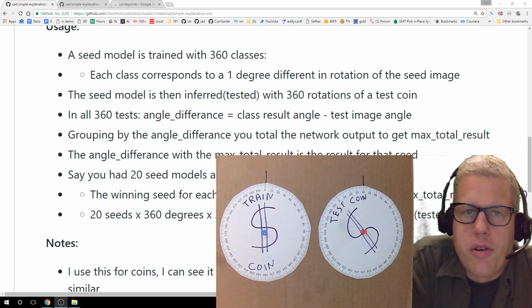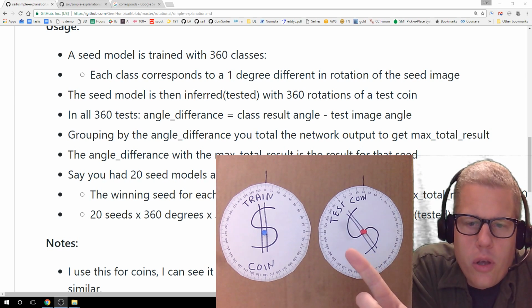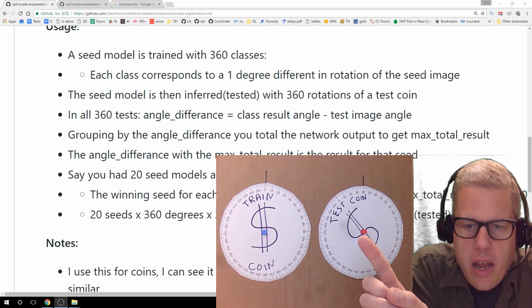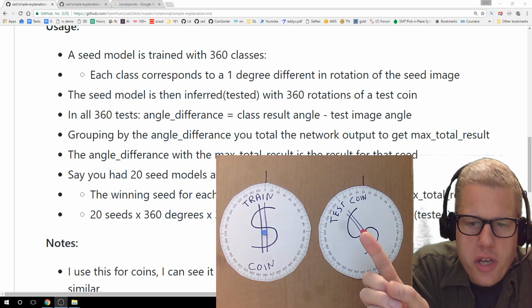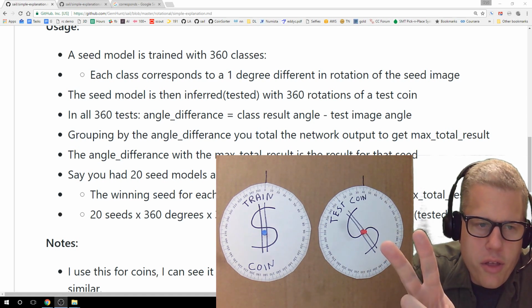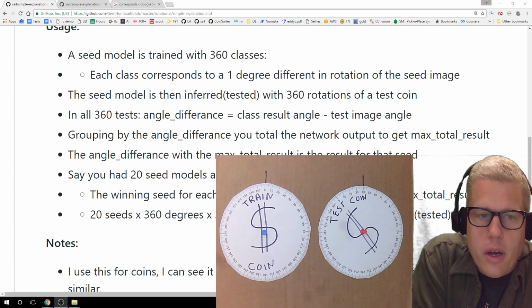So the output that you're desiring here is twofold. First, you want to know the angle, the difference angle, the majority difference angle of your test coin to your seed image. And the other thing that you want to know is, what's the probability of that?